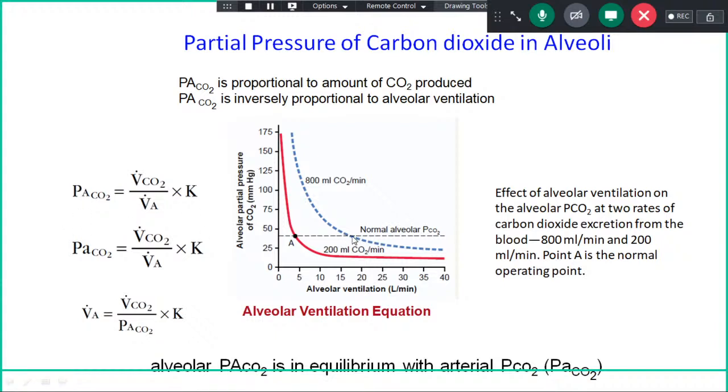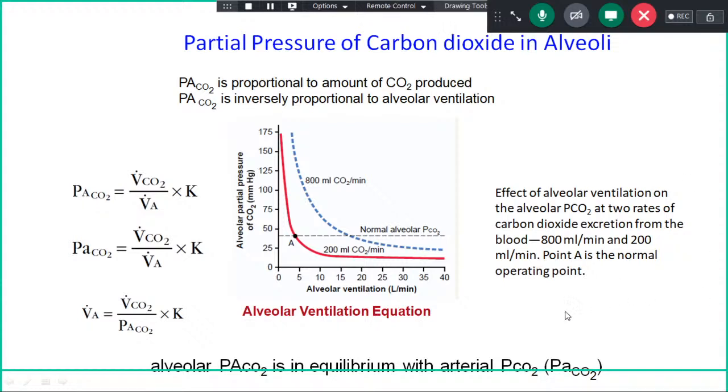So maintaining the same level of 40 millimeter of mercury of PCO2, we need to increase the alveolar ventilation 4 times, so that the amount which is excreted, which is 4 times, can be removed and the same level of alveolar PCO2 can be maintained. I think by mistake I said 104, that is for oxygen, just by mistake I said it.